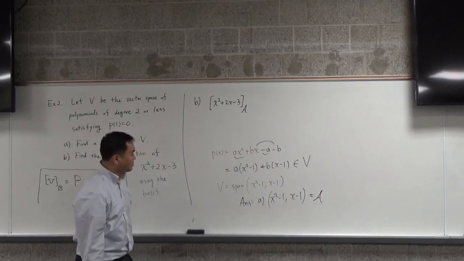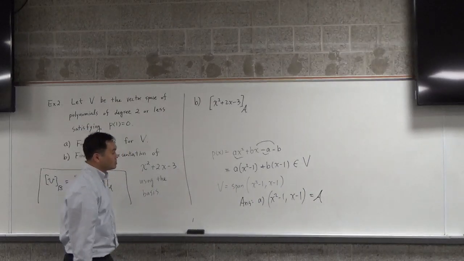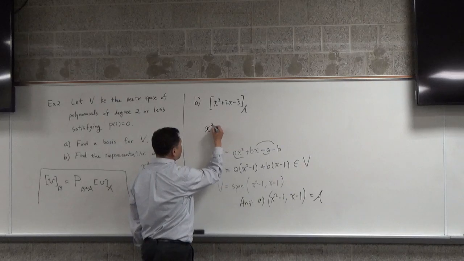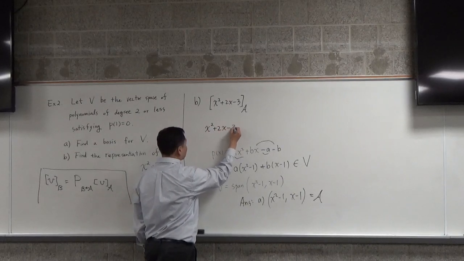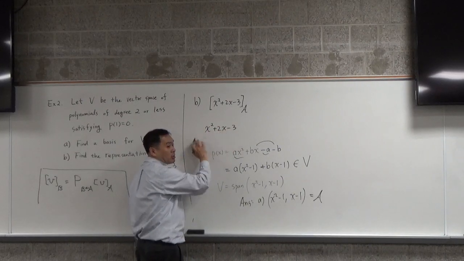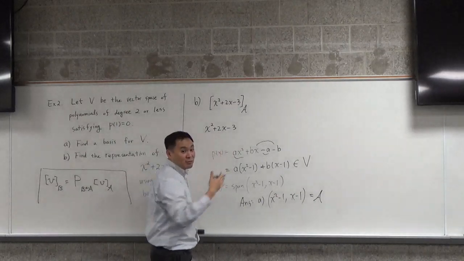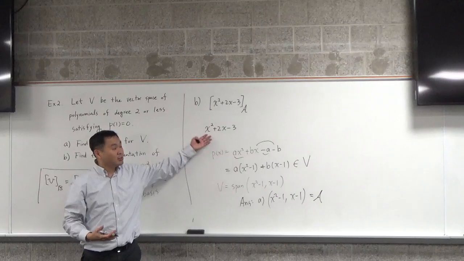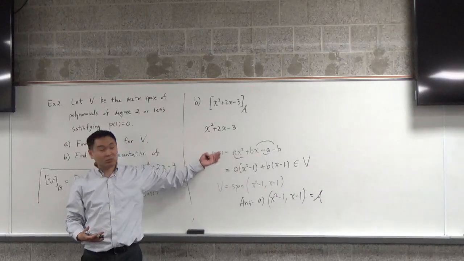So let's think about that. First of all, if you plug in 1, you get 0, so this is indeed in V. And because we have a basis, we know that this should be a linear combination of these two vectors.